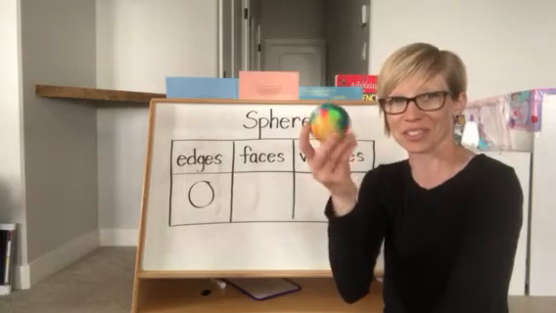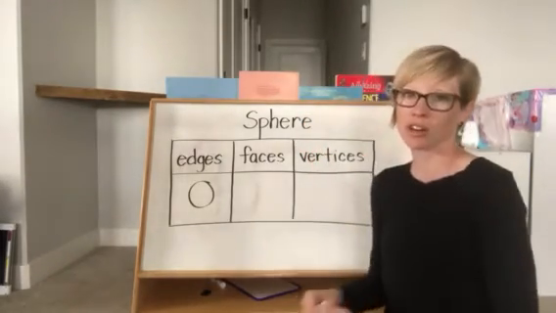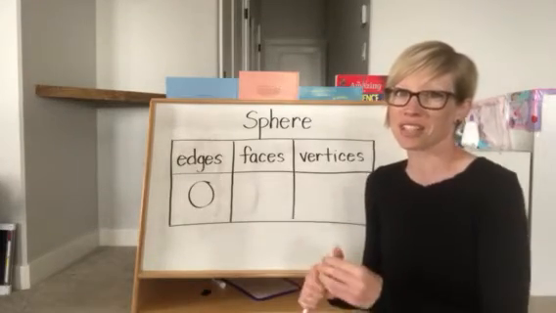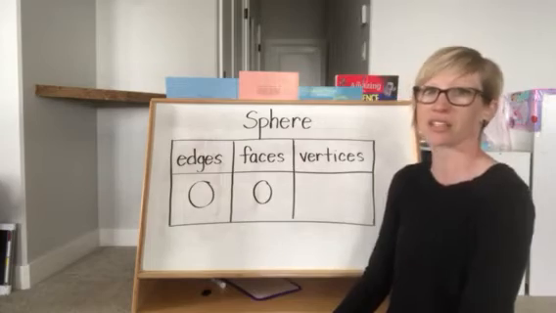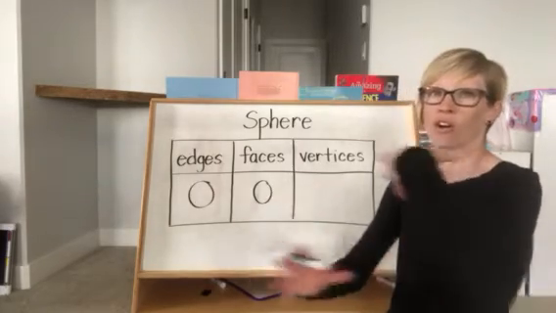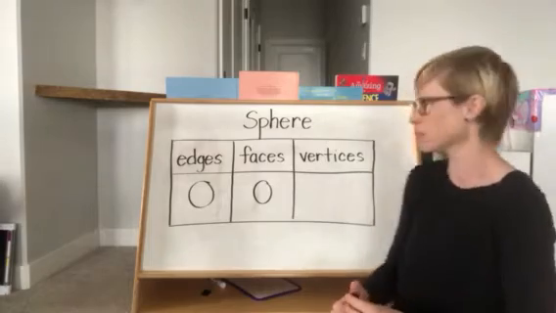No, you don't. You were right, there are no faces on here. Some people try to argue that there's one curved face. I disagree. I say there are 0 faces on a sphere. It's all round and there are no flat sides, okay?